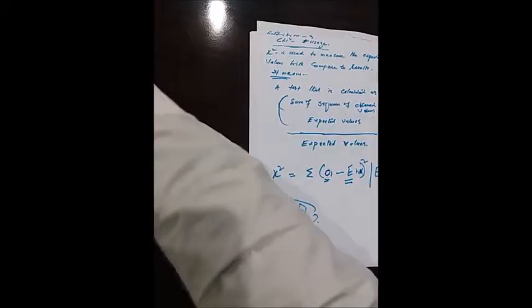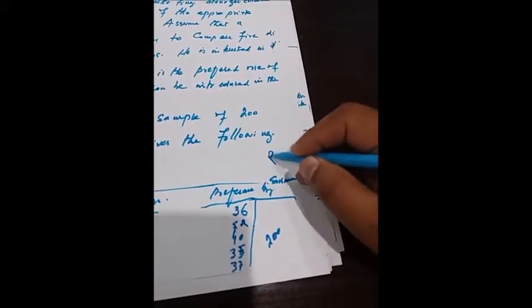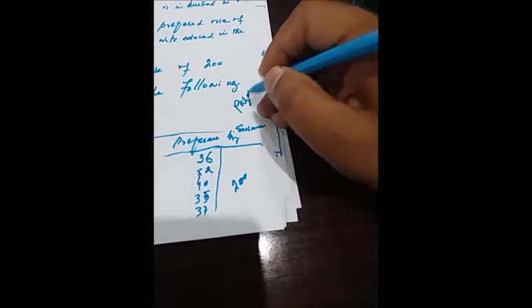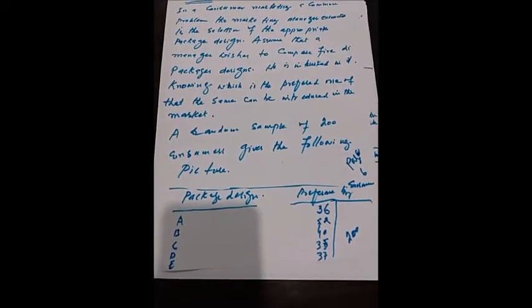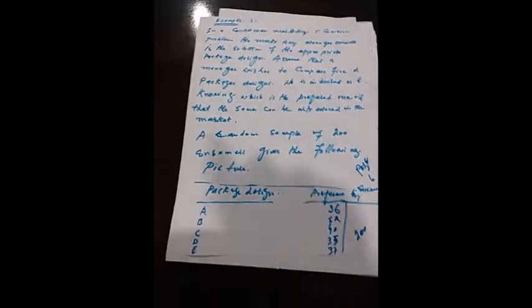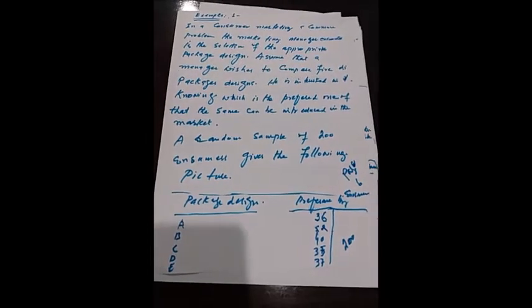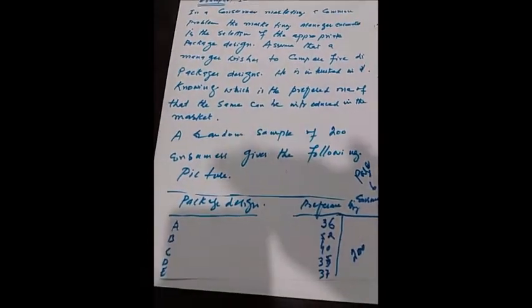And on page number 6, we discussed the problem or example regarding the chi-square goodness of fit test.